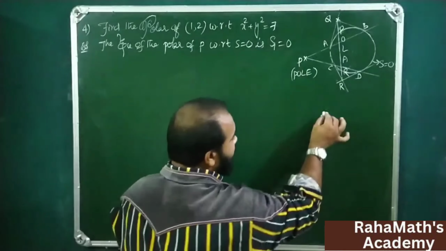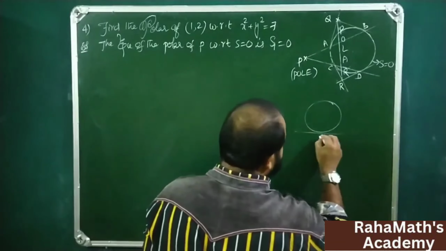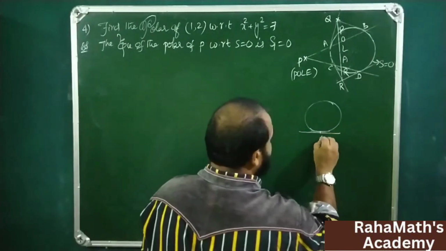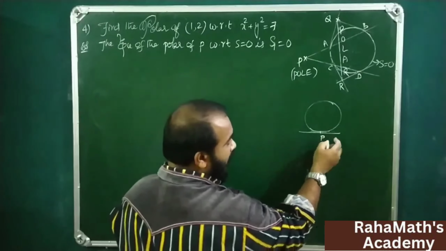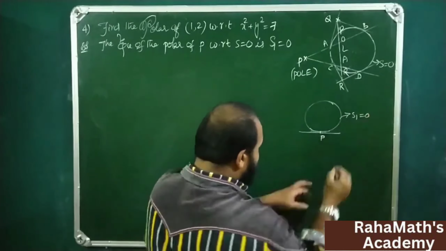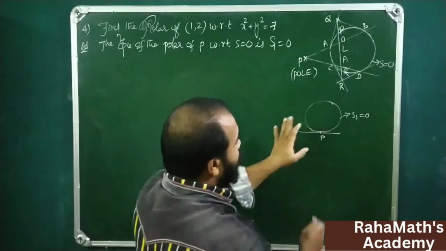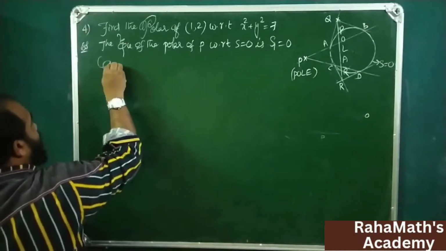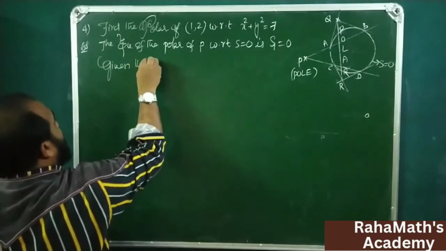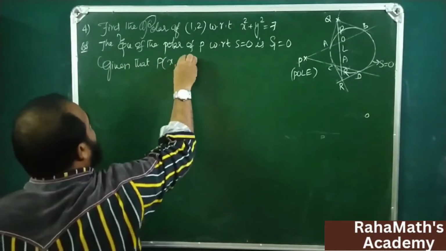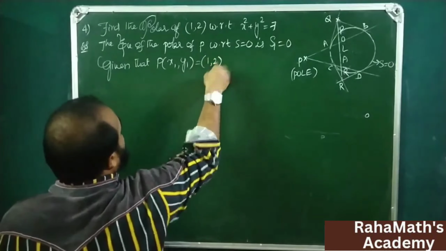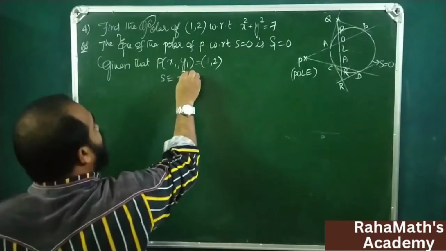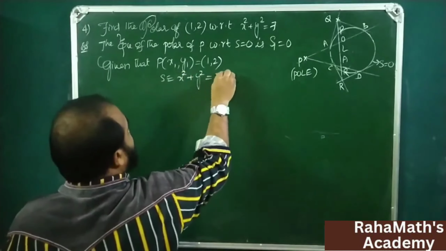As far as tangent is concerned, for example, the point is this. The point is P x1 y1, so S1 is equals to 0. But this time point P is here. So now, given that P x1, y1 is equals to 1, 2 and S is x square plus y square equals to 7.